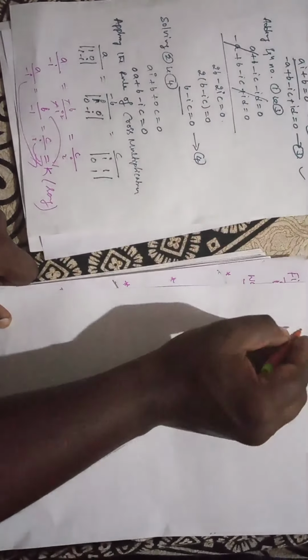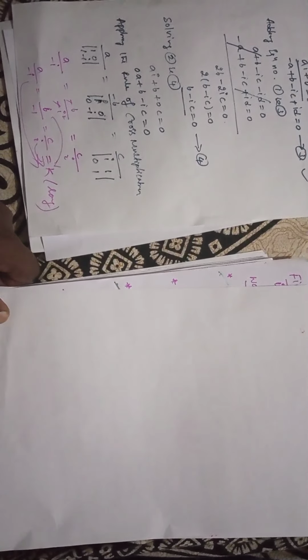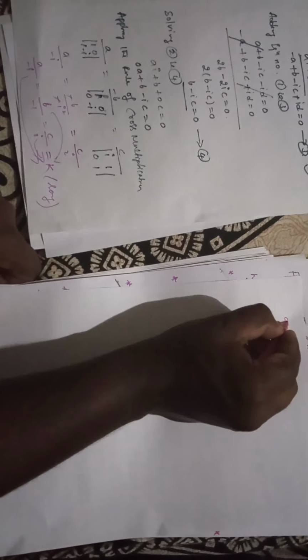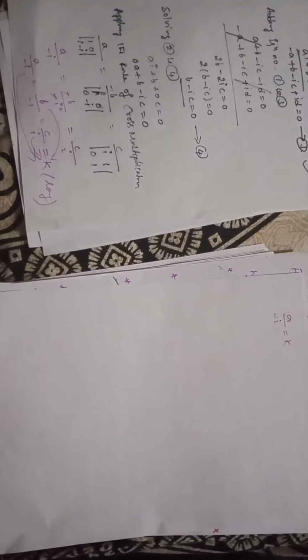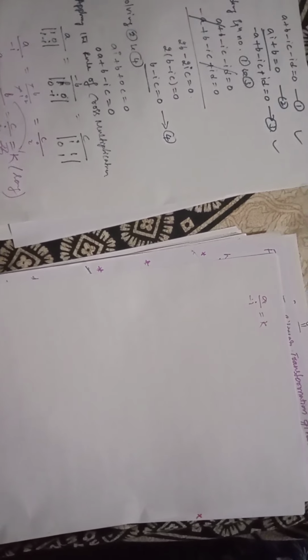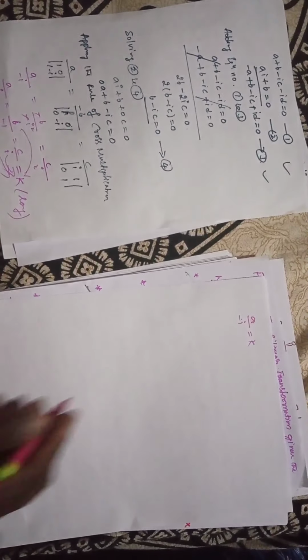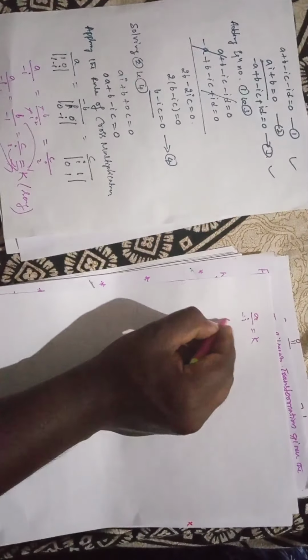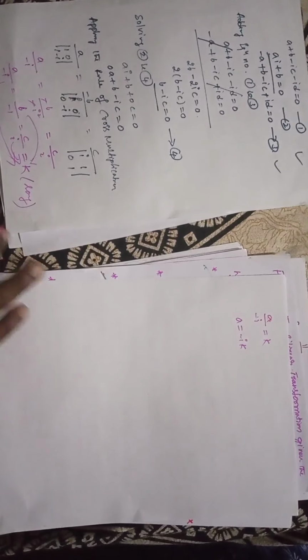Okay, so a by minus i equal to k. From this, a by minus i equal to k, so a equal to minus ik.